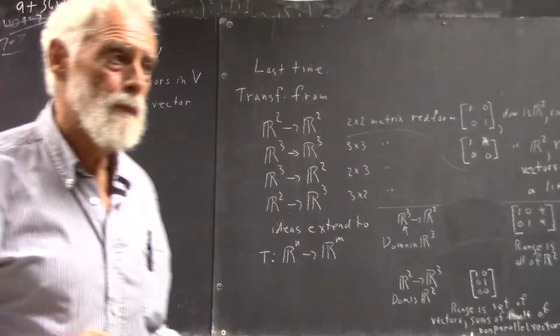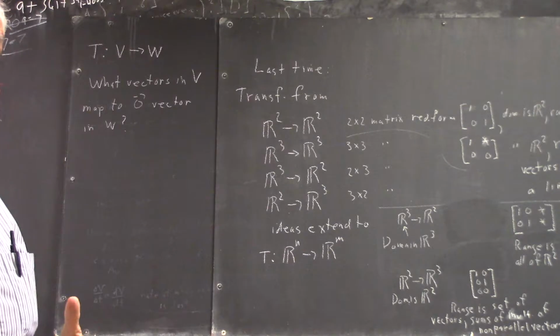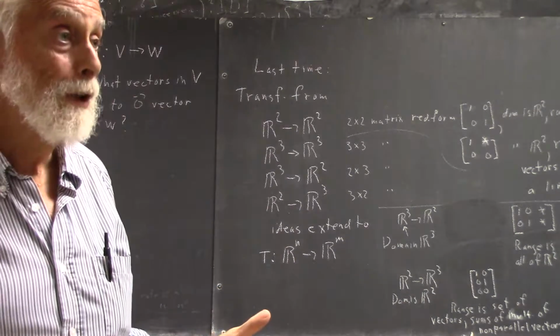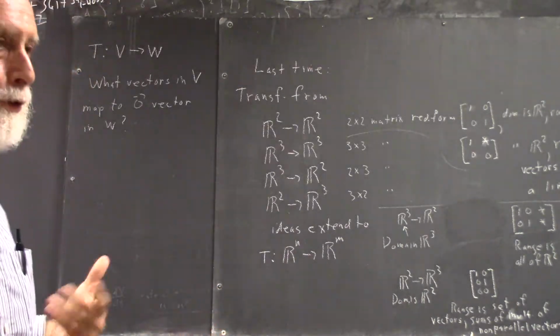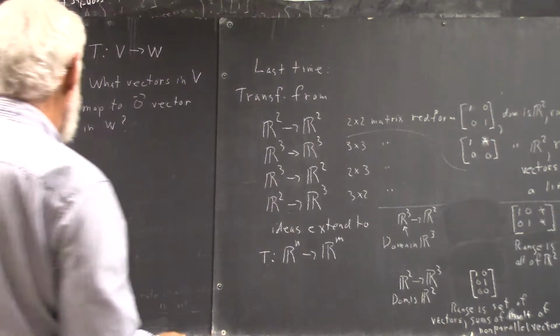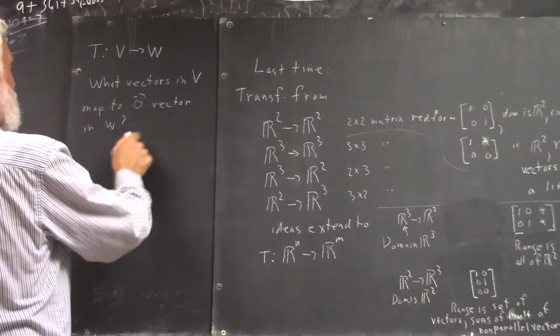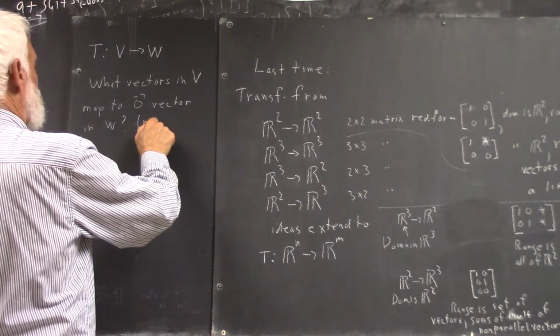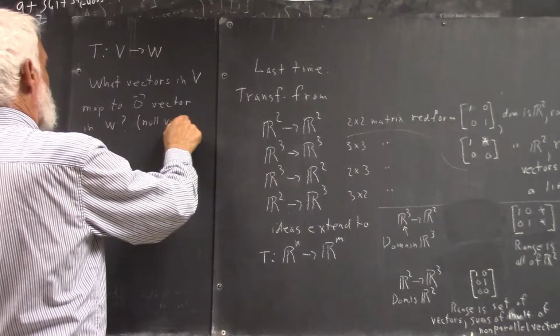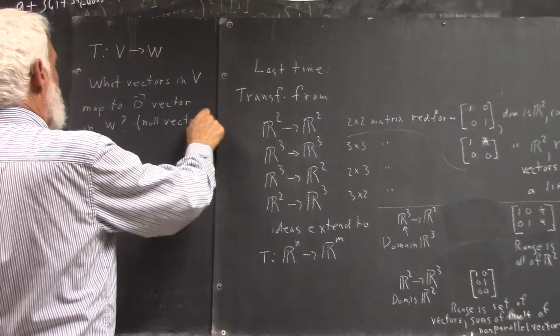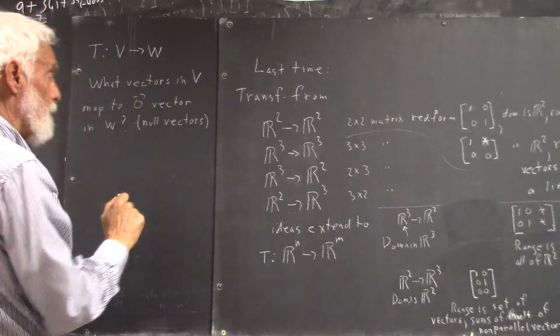We have a name for that set, it's a very important set. It's called the null space. These are null vectors.